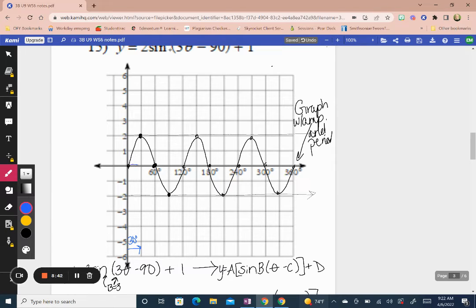So literally everyone goes 1 over, 1 up. So that's going to be my new dot. 1 over, 1 up, 1 over, 1 up, and then you just continue the pattern.